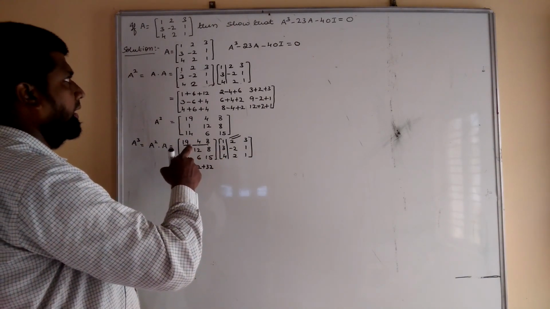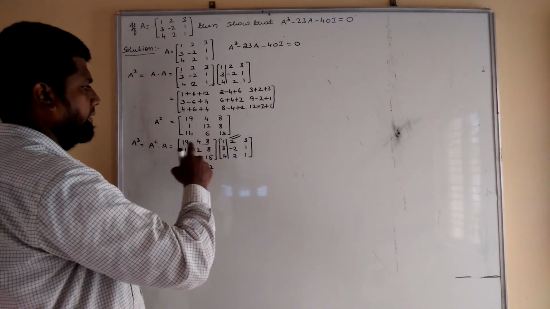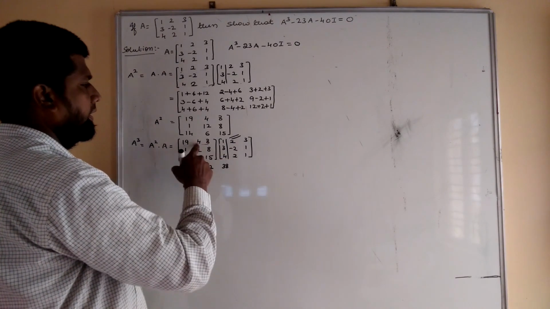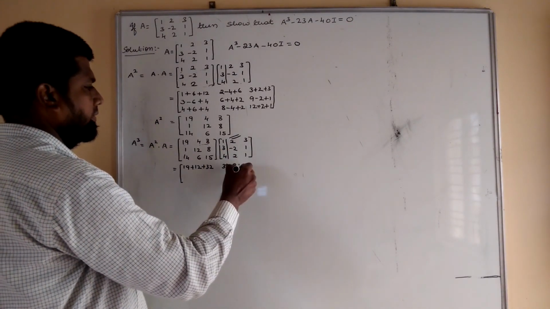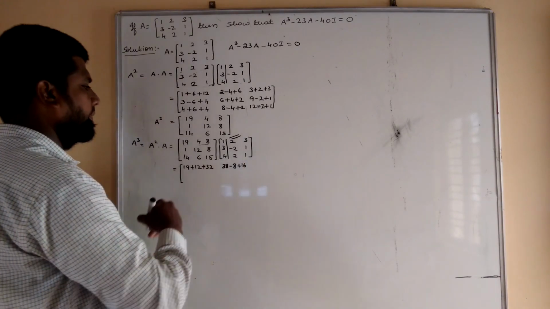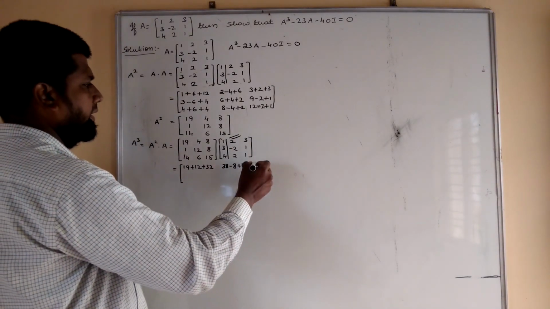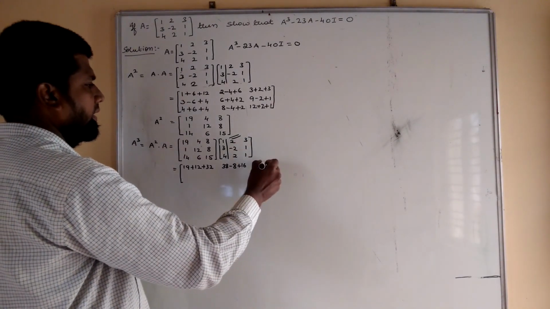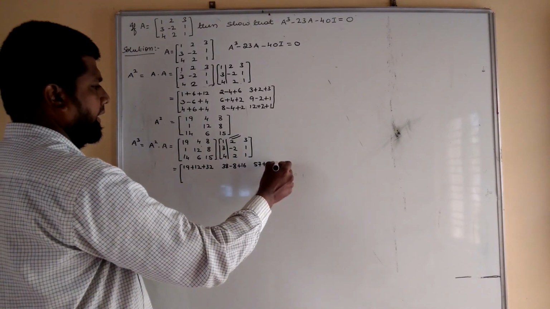Next, let us go for the first row and the second column. 19 2s are 38. And 4 2s are minus 8. 8 2s are 16. The next first row, third column. 19 3s are 57. 4 1s are 4. Then 8 1s are 8.